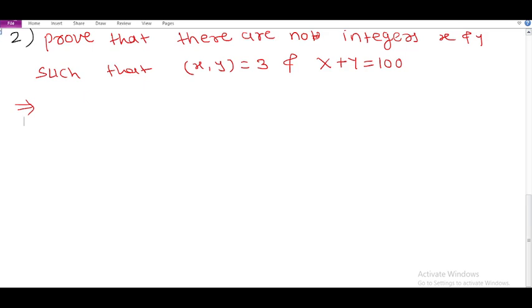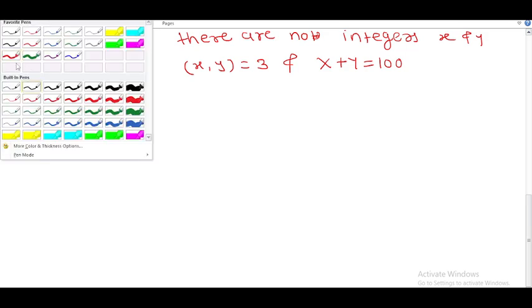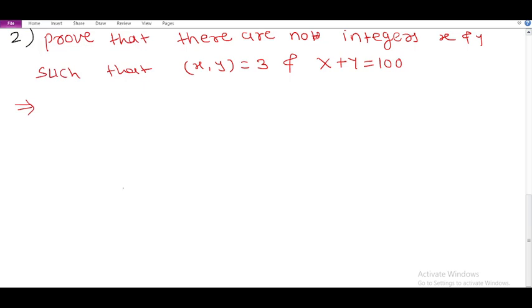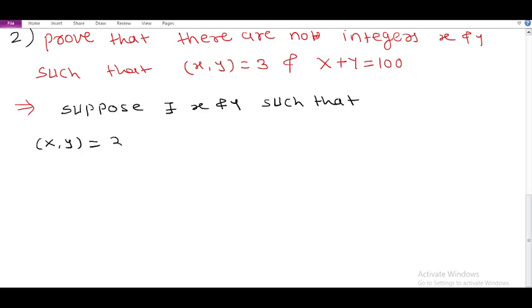Again, suppose by contradiction, there exist x and y such that GCD of x and y equals 3 and x plus y equals 100.